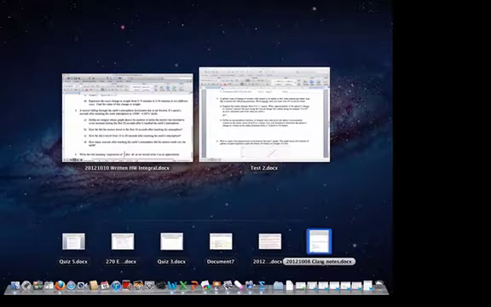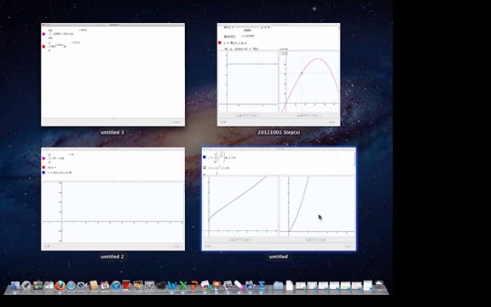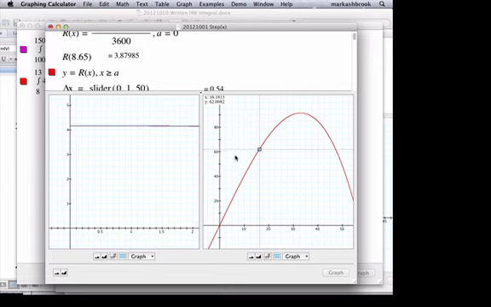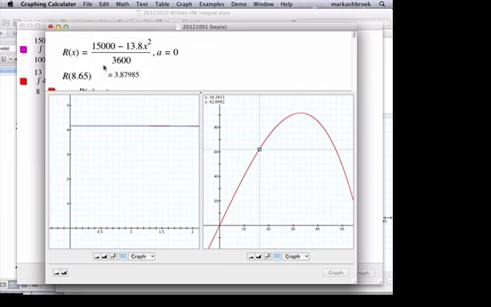Let's see if I have this up here. So what I did was I put in my rate function. There's my rate function that we said. Is that the same one? 15,000 minus 13.8? Where's the 0.407? Why is that different?